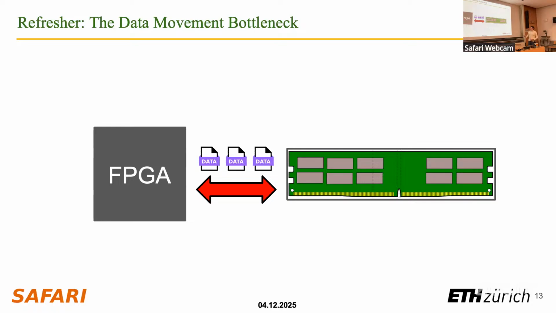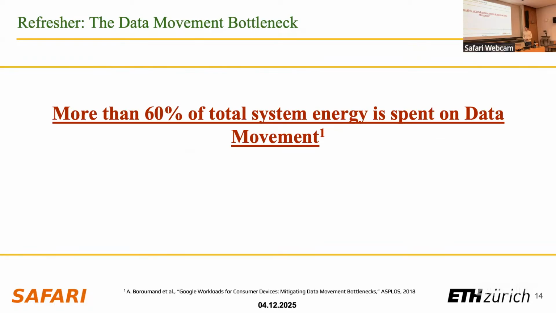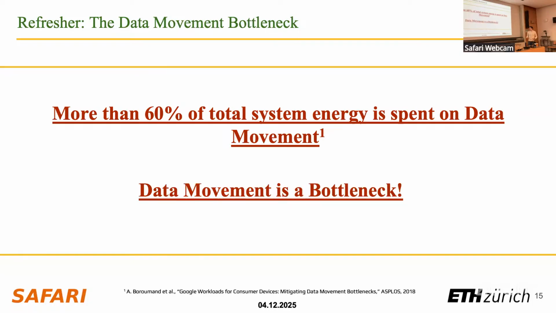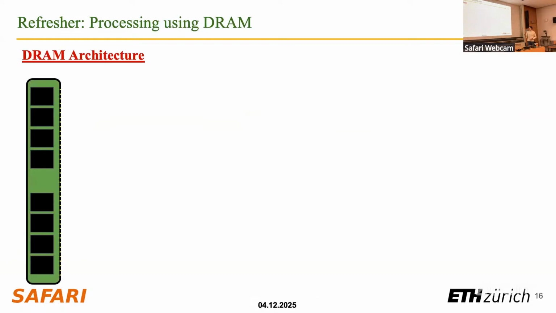Studies have found that this data movement that is occurring and needed for the system to function incurs up to 60% of the total system energy. Right? So 60% of the total system energy is needed to move the data to where it needs to be. And since we also need to wait for data to arrive before we can do any computation, the data movement is a big bottleneck right now. So processing using DRAM promises us to alleviate that bottleneck a bit by shifting the processing closer to memory, so there is less data movement needed.